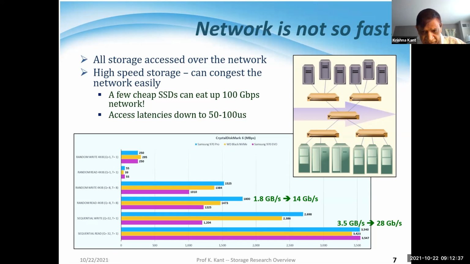In fact, SSDs have become so fast that if you put a couple of SSDs on a 100 gigabit network, they can really eat up all of the bandwidth. Here are some numbers that you can see.